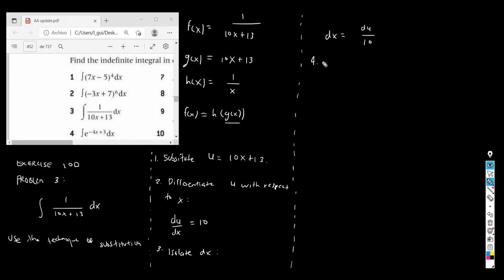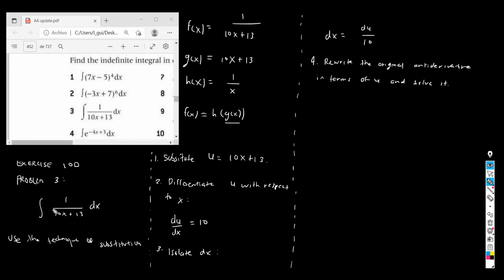And finally, number four, what you have to do is rewrite the original antiderivative, which is this one, clearly, in terms of u and solve it.